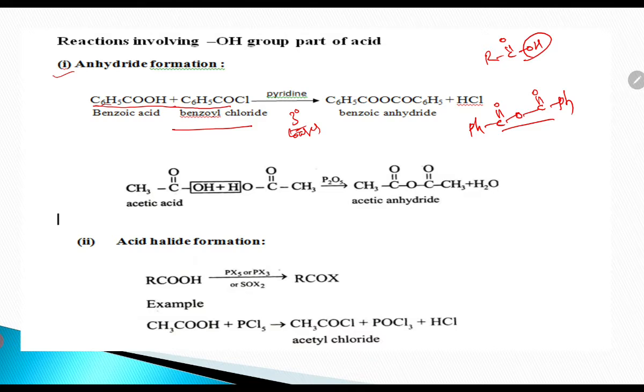And these acid anhydrides can also be formed when two carboxylic acids are heated in the presence of any dehydrating agent.